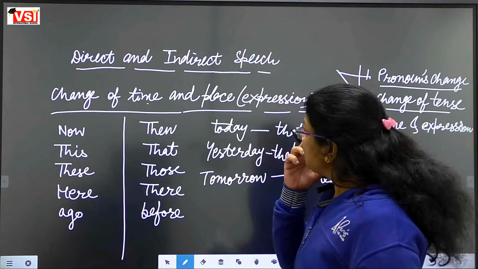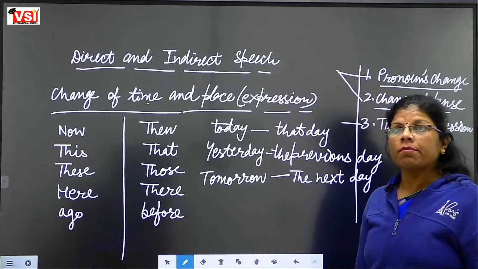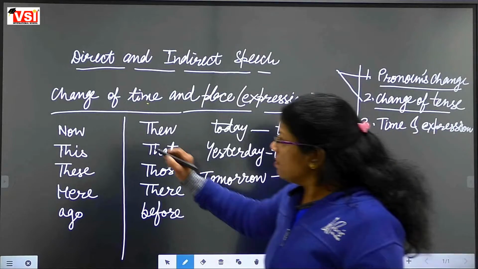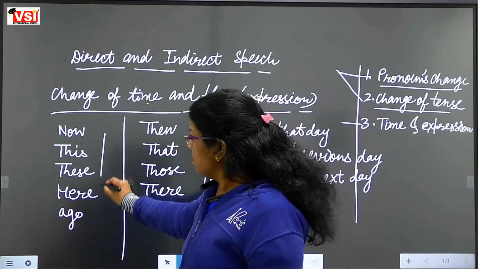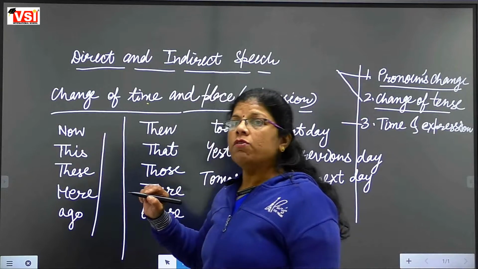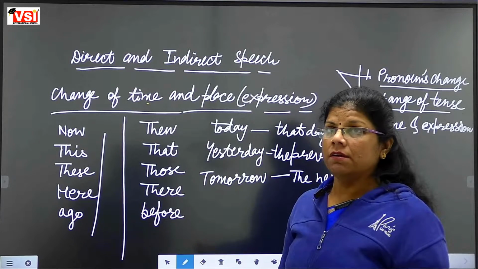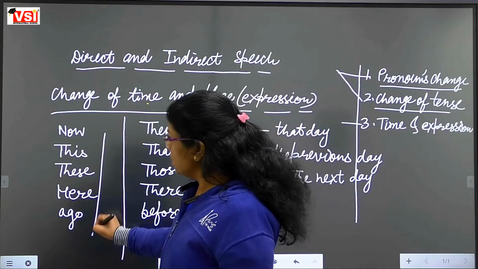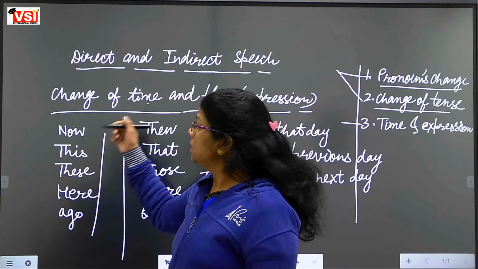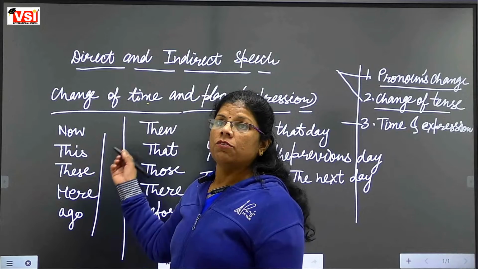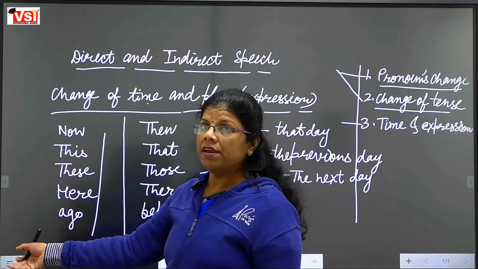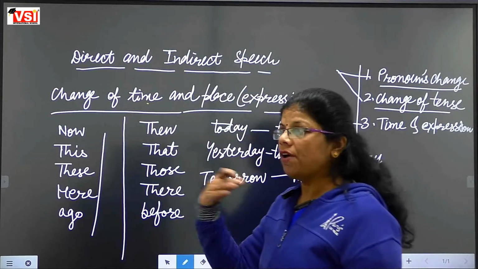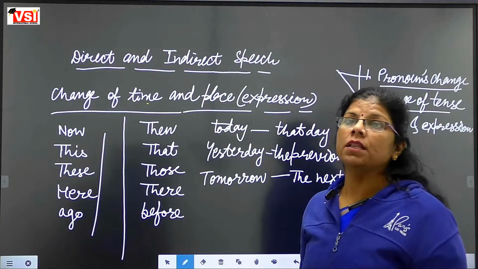Now one thing should be noticed: these words show nearness, and the words showing nearness are changed into words showing farness. नियरनेस को शो करने वाले वर्ड्स को हम फारनेस को शो वाले वर्ड्स में बदल देते हैं.